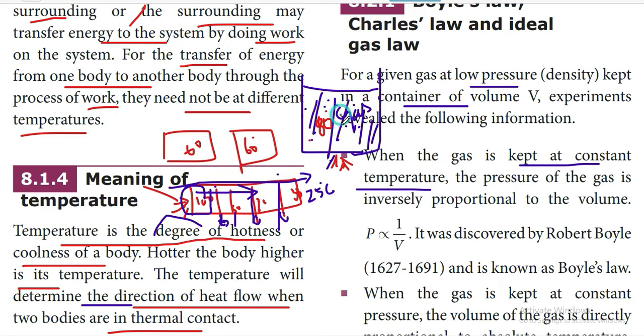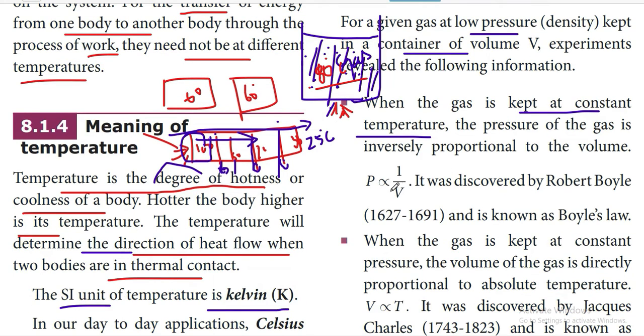The temperature is constant. We are not increasing the temperature, we are just maintaining it at 80 degrees Celsius. When the gas is kept at constant temperature, the pressure of the gas is inversely proportional to volume.